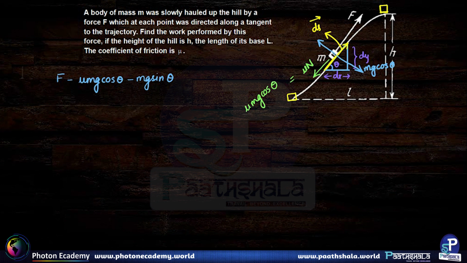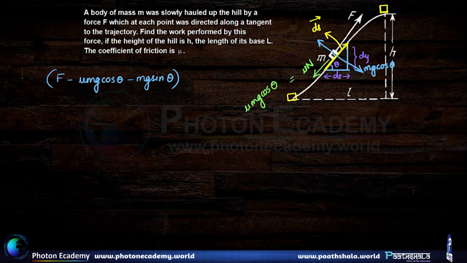So this is the net force, and when I dot it with the displacement, I'll get the net work done. I have put minus signs already, so all these forces are assumed to be positive in the upward direction along the tangent to the trajectory.